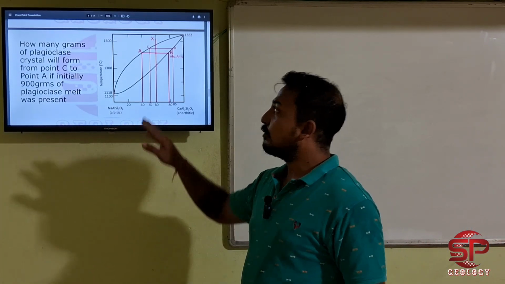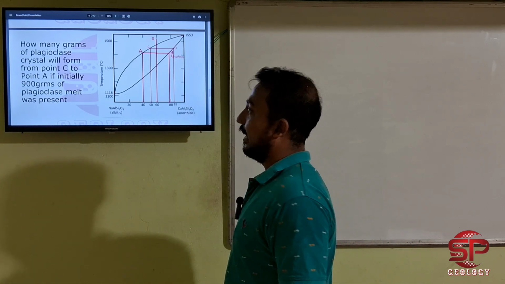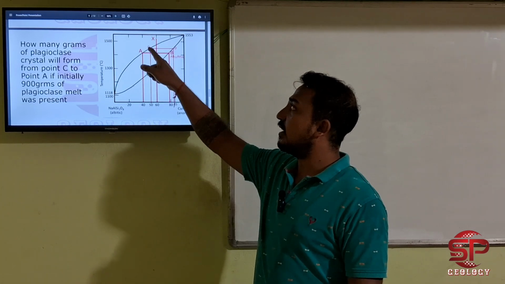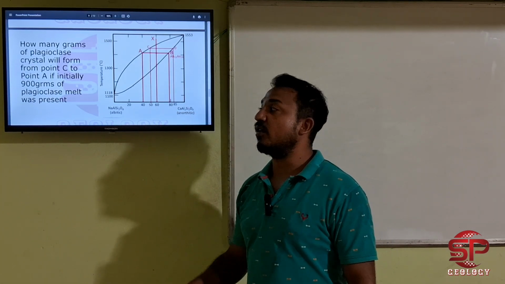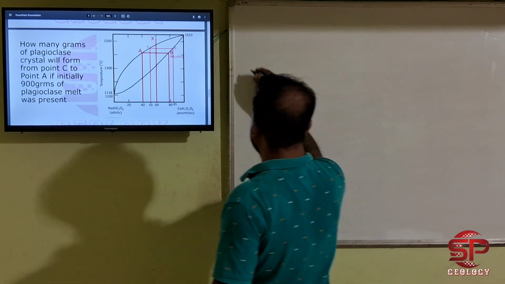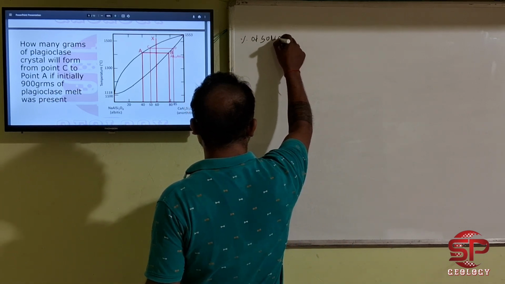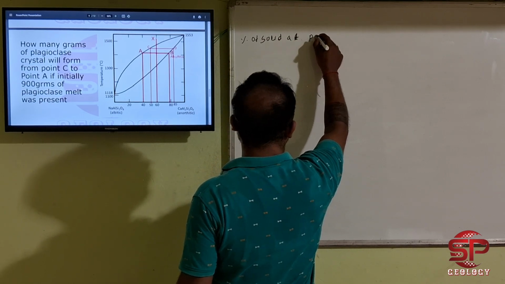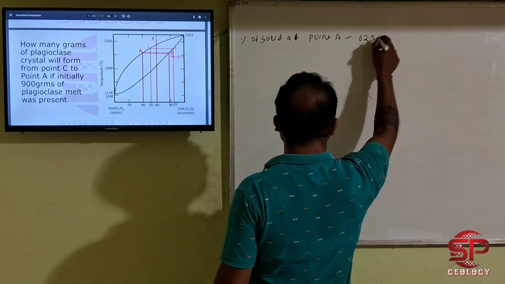Now, how many grams of plagioclase crystal will form from point C to point A? First we have to calculate the percentage of solid at point C, then the percentage of solid at point A. We have already calculated that the percentage of solid at point A is 62.5%.